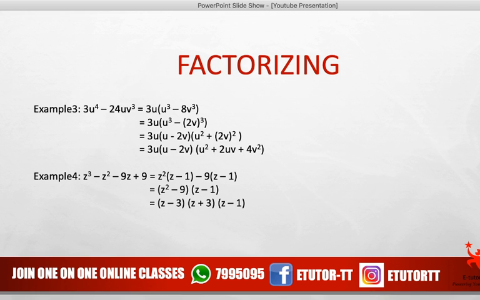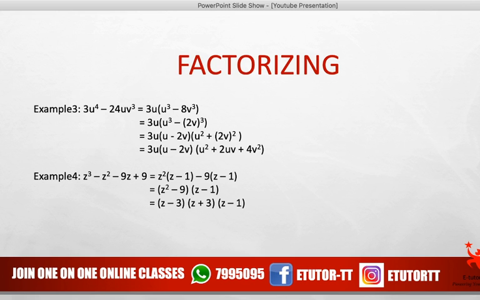And we could go even further, factorizing. 8v cubed is the same as saying 2v to the power of 3. So now we have 3u, and in brackets, u cubed, take away 2v to the power of 3. And we could go even further.